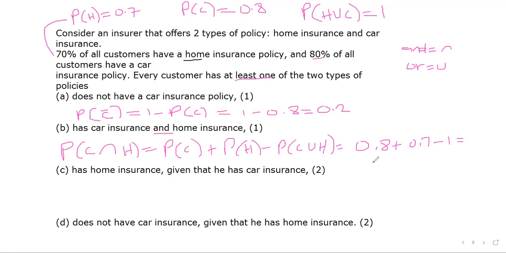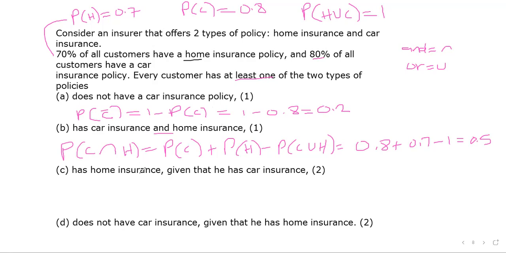So 0.8 plus 0.7 gets 1.5, isn't it? So 1.5 minus 1 is 0.5. So this is how we find has a car and home insurance.